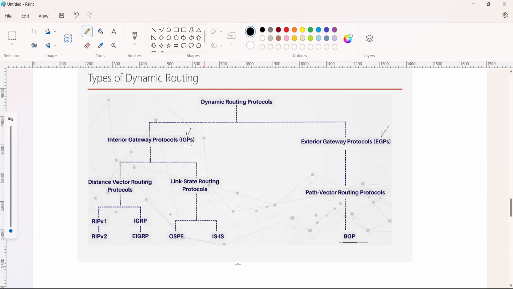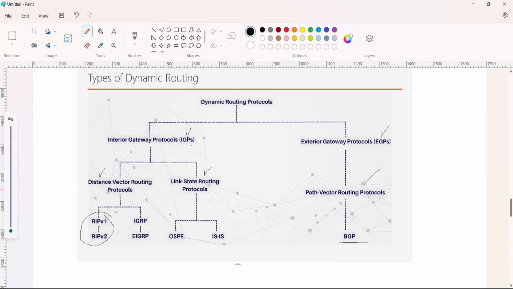Now we'll discuss the RIP protocol. Here we have distance vector routing protocol, link state routing protocol, and path vector routing protocol.